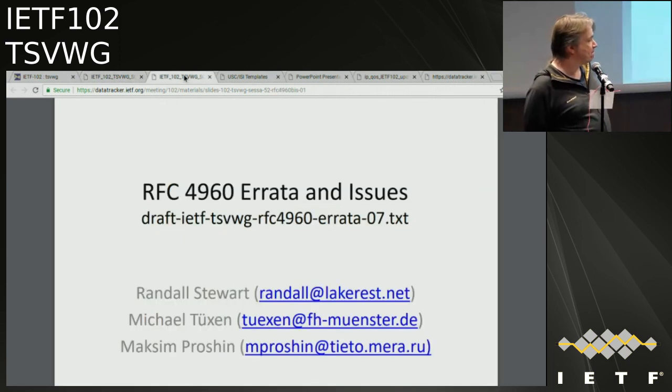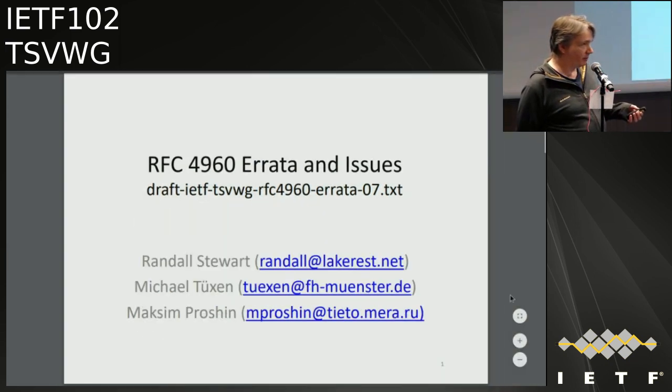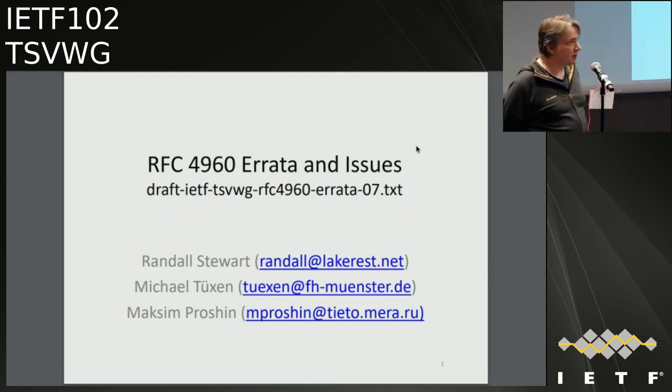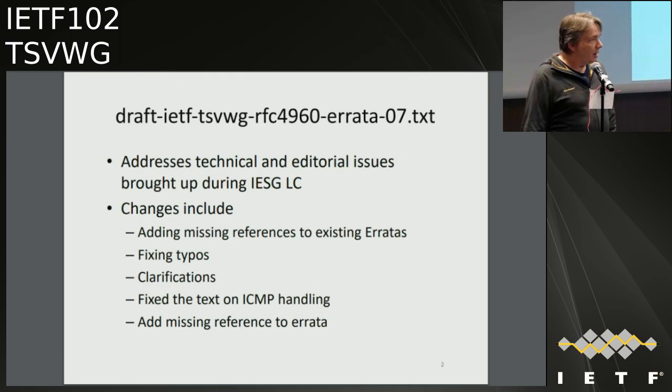Great. Next draft. Okay, this is about the document which has left the working group. It's about RFC 4960 errata, which means it talks about issues which have been found since RFC 4960 was published. The seventh version addresses all technical and editorial issues which were brought up by the IESG last call.